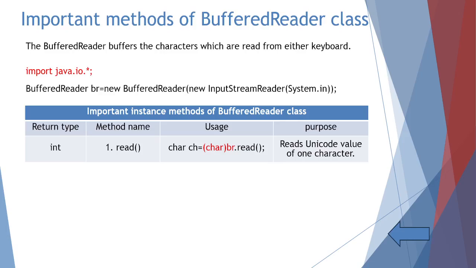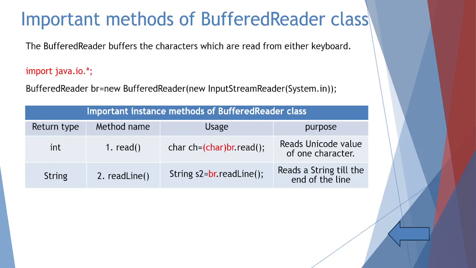Let's suppose I give capital A, then it reads 65. But if I want it as a character, then I use typecasting. That is, char ch = (char) br.read(), stored in the ch variable of character data type. It reads one character, that too the Unicode value, but I am typecasting here to get one character.